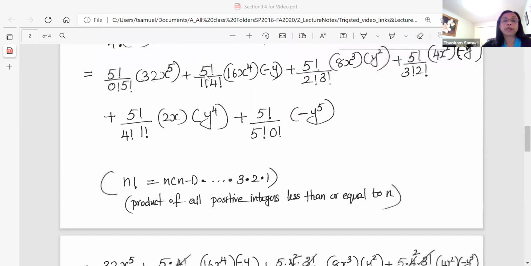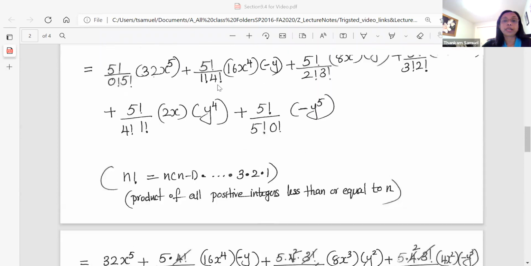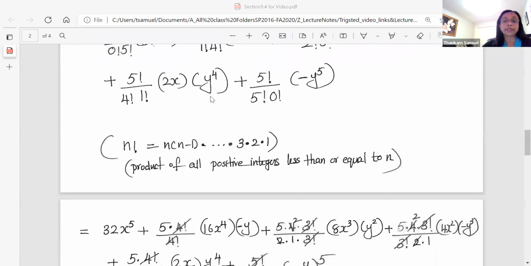The binomial coefficient is 5 factorial over 1 factorial times 4 factorial. In order to simplify this, we can write 5 factorial as 5 times 4 factorial, divided by 4 factorial. So these two terms cancel each other. So we have 5 times 16x to the 4 times negative y.